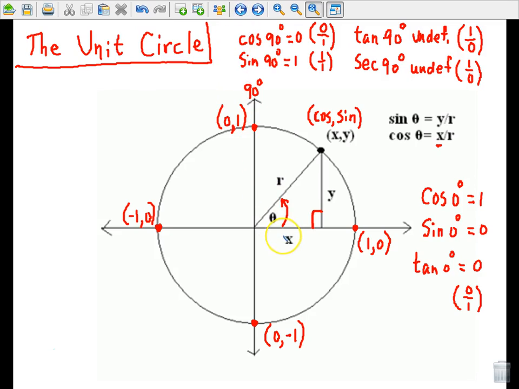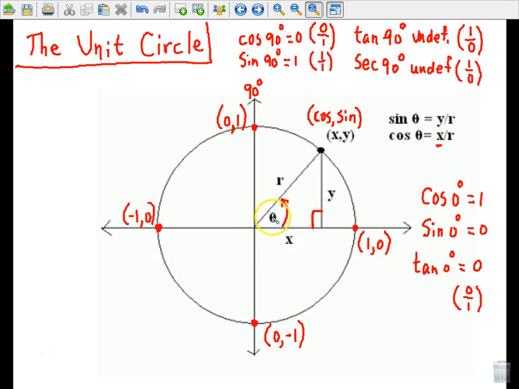I wanted to show you using the unit circle, which you're going to study in depth in future math classes like Algebra 3, Pre-Calculus, Calculus. This isn't the entire unit circle, but it's just enough to help illustrate some of these truths about 90 degrees.